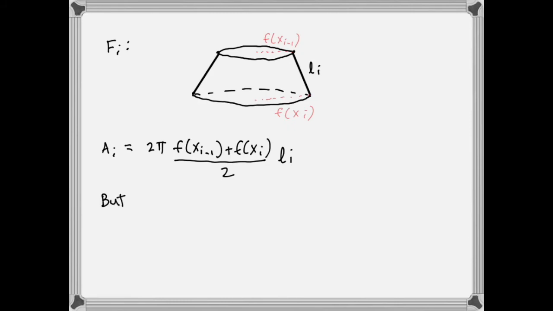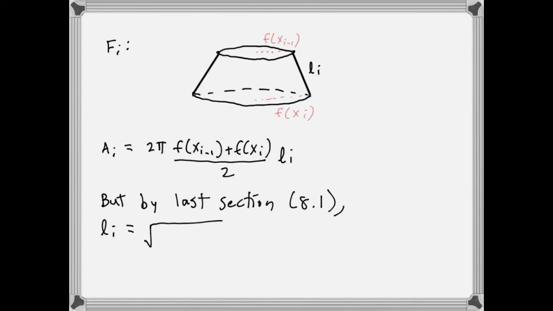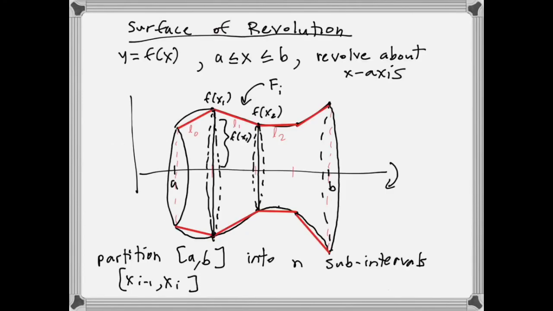But by the last section, section 8.1, we learned that Li is equal to the square root of 1 plus f prime of xi star squared delta x. What is delta x? I guess I forgot to say it, but delta x is what it always is.